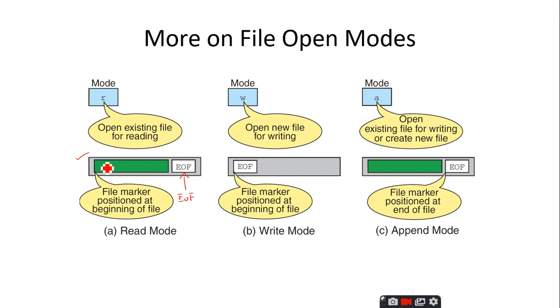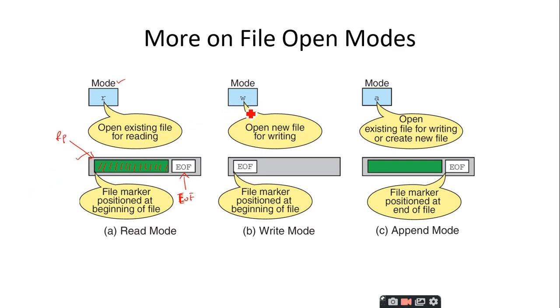So this green content is the actual content of the file, and when you reach the end of the actual contents, you will have this EOF pointer like this. When you open the file in the read mode, open the existing file for reading, and the file marker or the file pointer will be positioned at the starting point here. This is my FP.